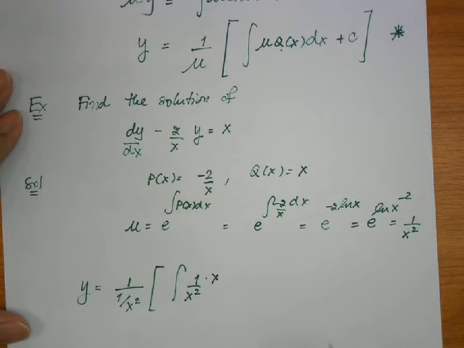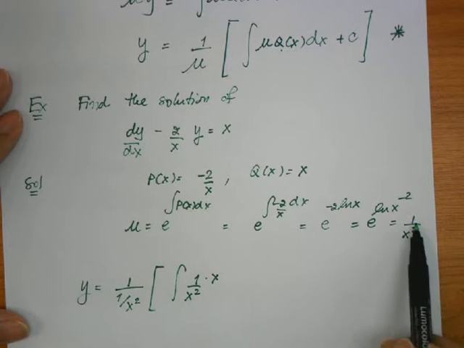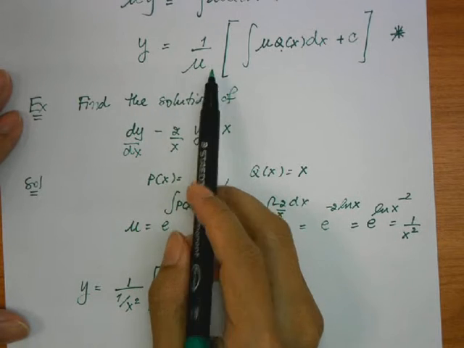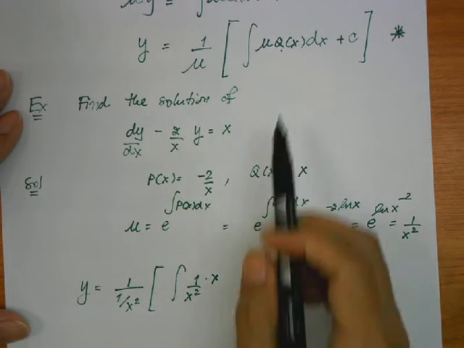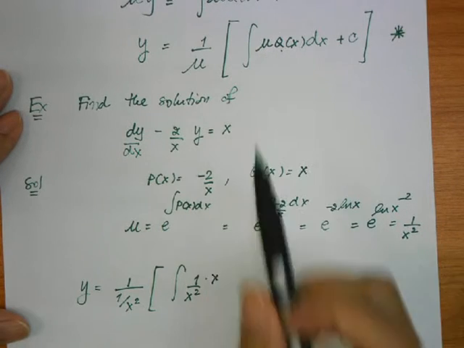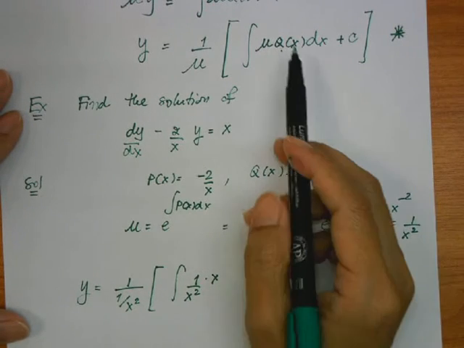Right. You know your integrating factor is equal to 1 over x squared. You just plug it in there, you would get 1 over x squared times the whole thing times the integral of the integrating factor, which is 1 over x squared, times q(x).